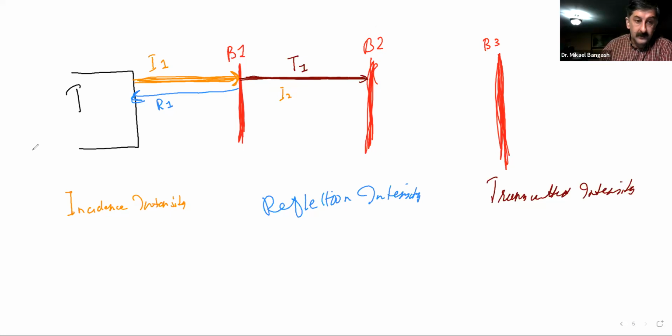When it hits the boundary, it is going to reflect a certain amount of energy back, and that's going to be your second reflection. And whatever is left is going to continue on as the transmitted, which becomes your third incidence.